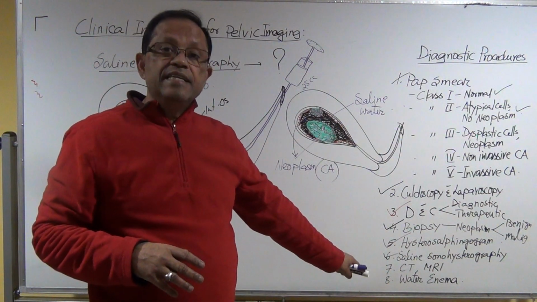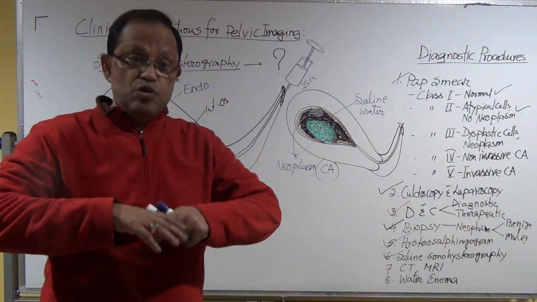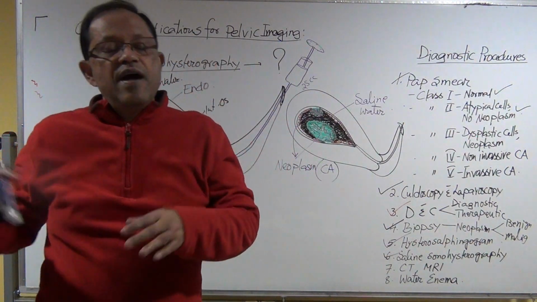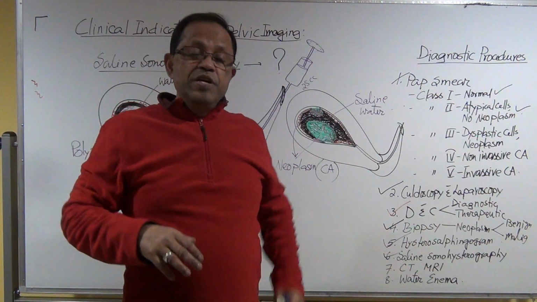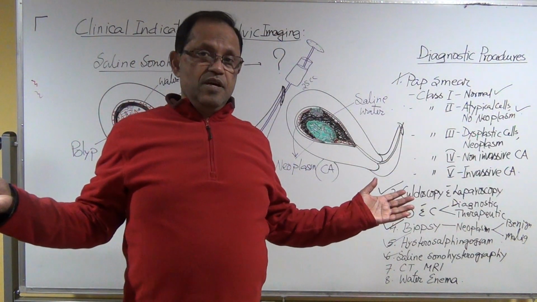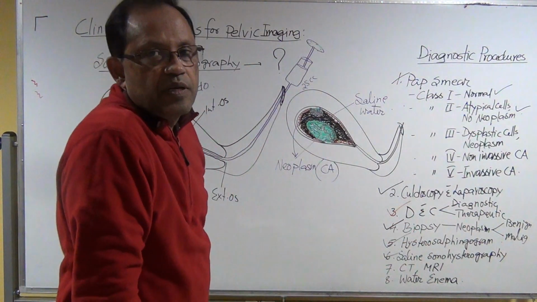And if it is indicated that MRI should be done because there might be cancer and the stage 2, 3, 4, 5, we need to see the extent of spread of the neoplasm, then do MRI.